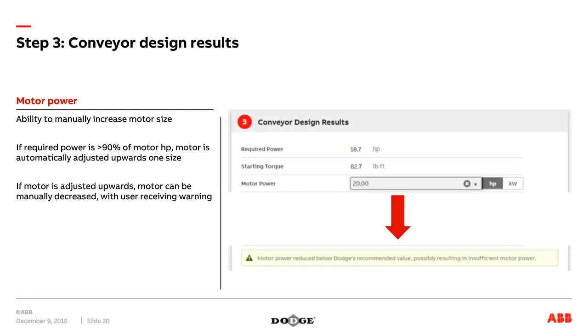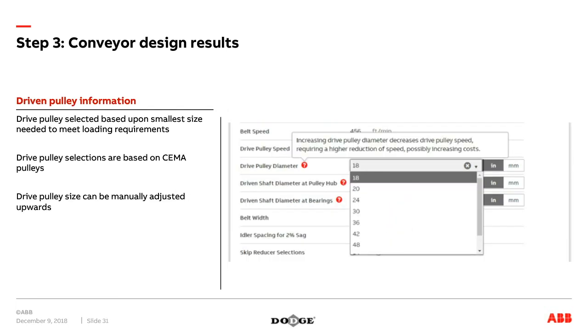Keep going. The driven pulley information. The drive pulley selected is based upon the smallest size needed to meet the loading requirements. Additionally, our drive pulley selections are based on NEMA pulley sizes, so it can be manually adjusted upwards. But again, we're going to use the smallest size needed in order to meet the requirements that have been calculated up to this point.